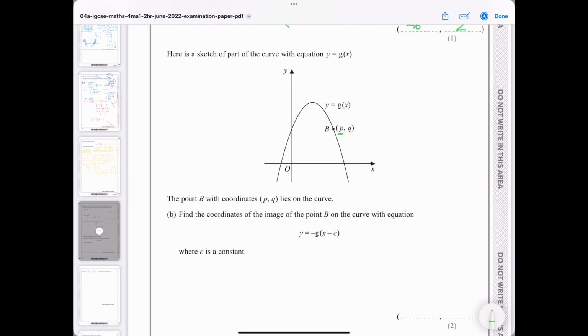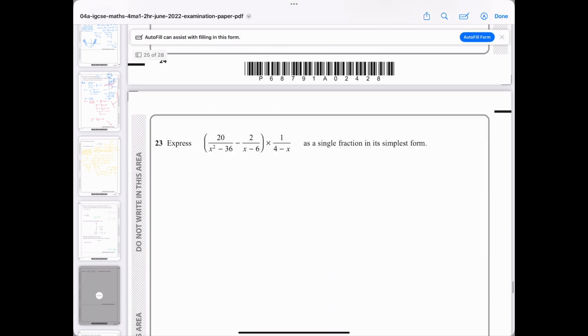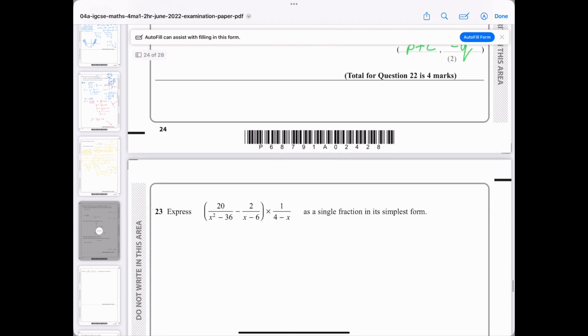So we're going to get P plus c. And for Q, that's going to be the opposite of itself. So it's going to be minus q. I think that one works. I'm just trying to decide whether or not to put the minus onto that. I think that's fine though. Right. C is a constant. Okay, that's fine.